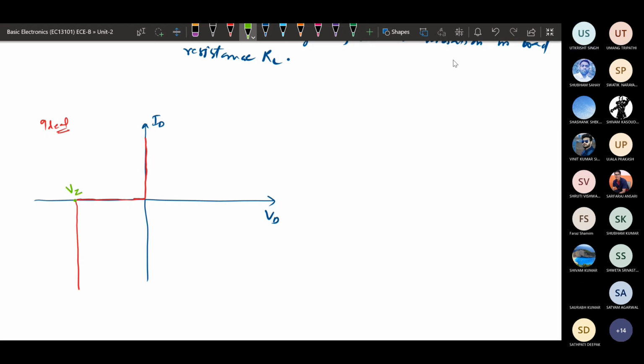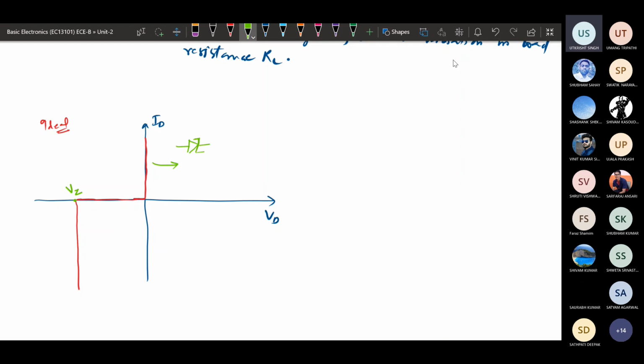So Vz is the voltage across the Zener diode, and if we increase this Vd value beyond Vz, the voltage across the Zener diode will still be constant. These are the characteristics of a Zener diode. In forward bias, this Zener diode will be replaced by an equivalent circuit.